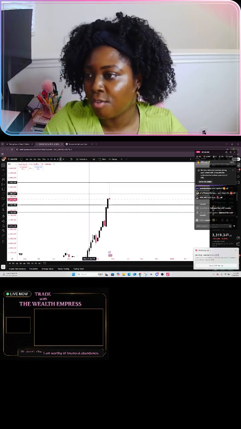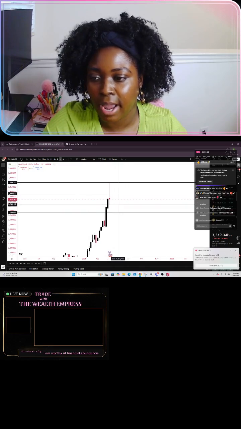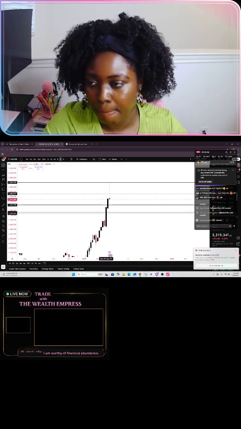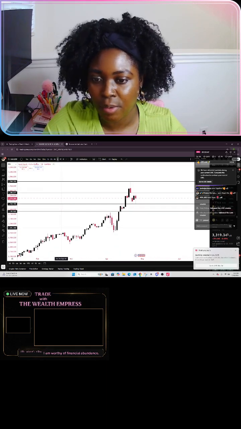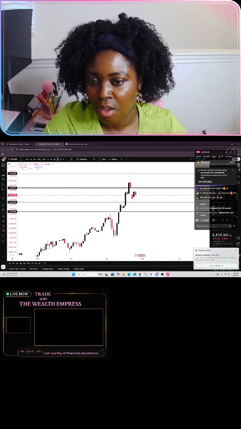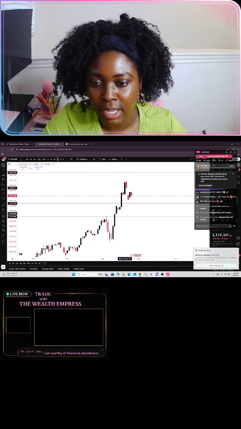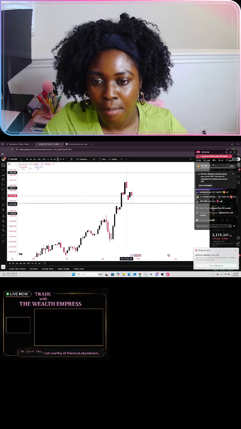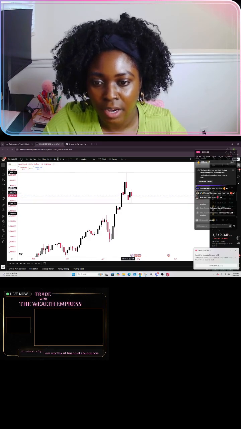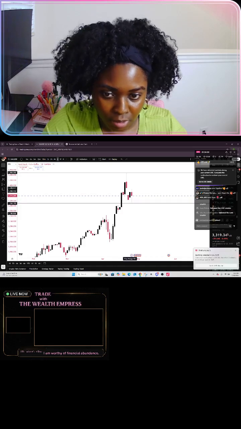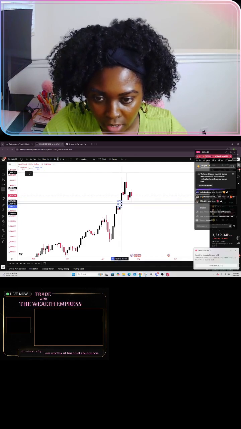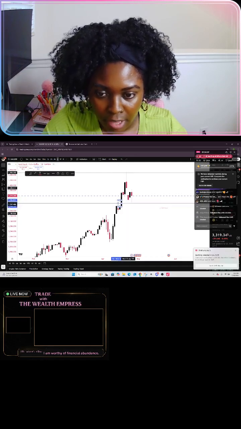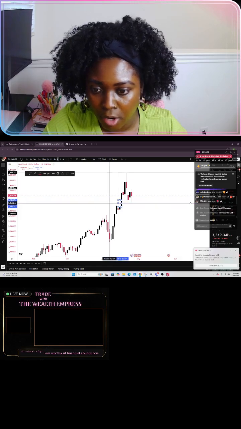So this is what we have right now: our weekly CRT range and then this weekly fair value gap. All right, now we're going to come down to our daily. Let's see what we have. All right, it looks like price came down into this gap right here on the daily. It pushed up higher, and then it pushed down lower, and then it pushed up higher, and then it pushed down lower. So price is playing around in this area. Yep, that's 50% perfectly, so I'm not going to mark that on top of that.